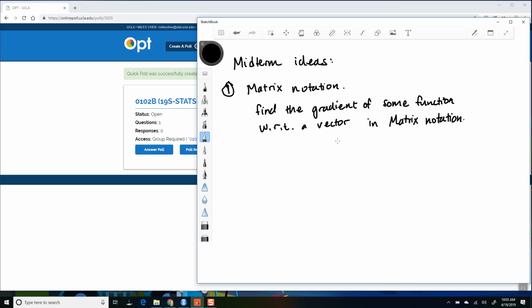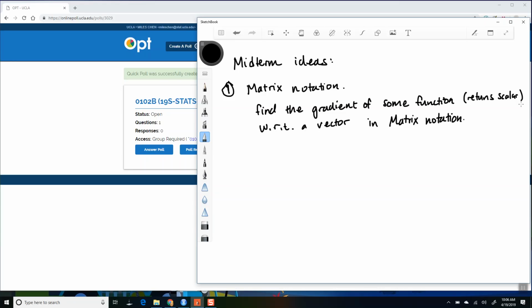I'm still figuring out what exactly the function will be in matrix form, some function that returns a scalar value, okay? With respect to a vector in matrix notation.